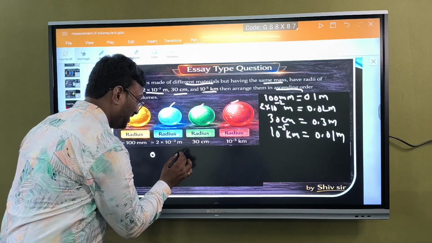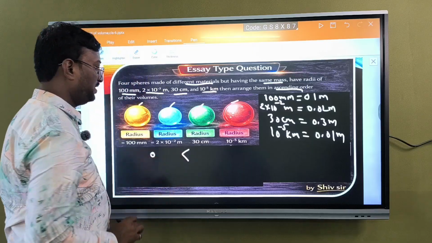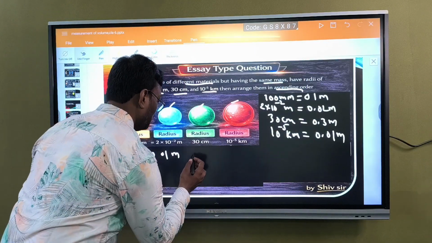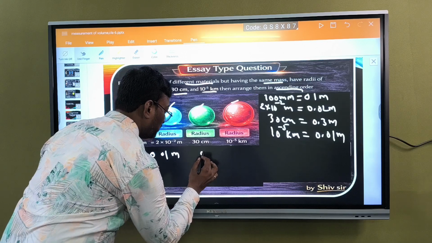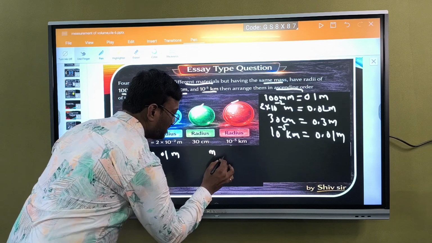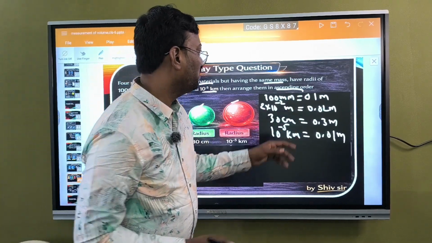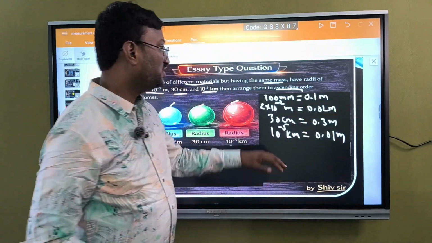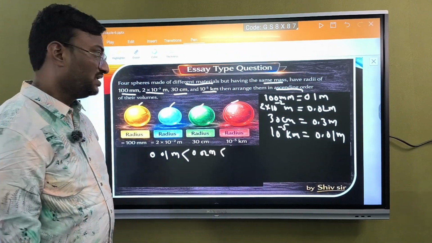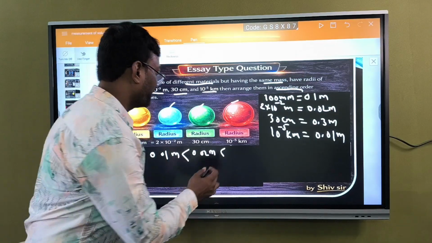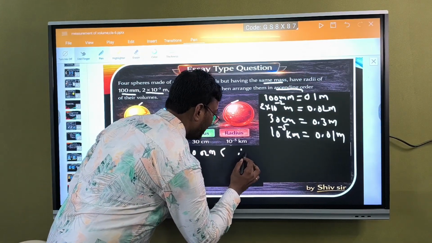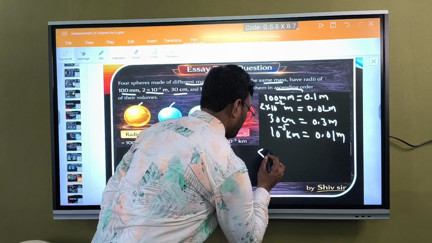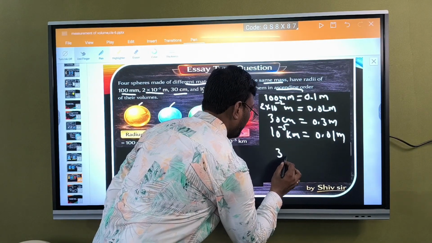It is less than the next, second one, 0.02 meters, which is less than. What is the next one? This is 0.1 meter, right? The third one is 0.1 meter, and the last one is 0.3 meters.